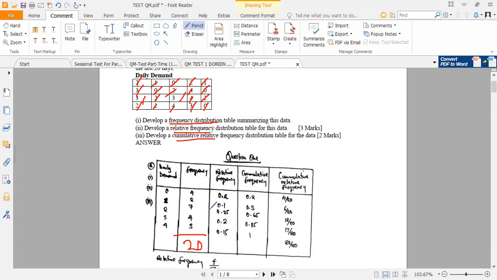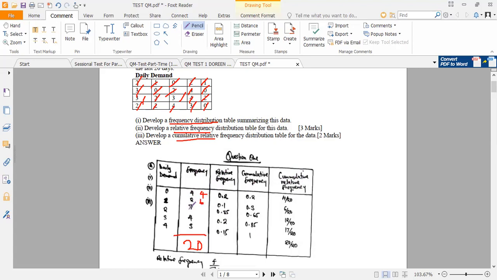Then we could also come up with the cumulative relative frequency. We could have added a cumulative frequency graph along here, where we start with 4. Then we add 2, we get 6.